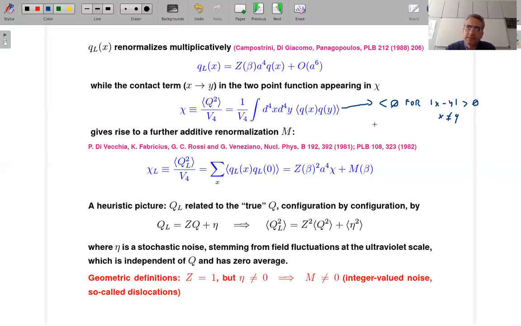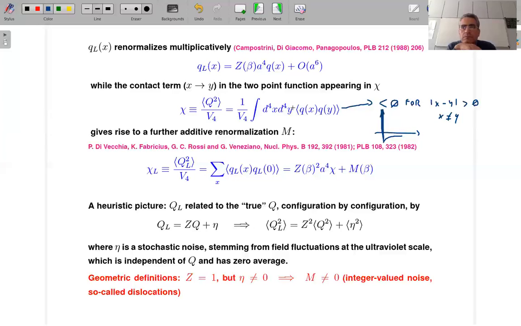And that means that since the integral has to be positive, because Q squared is a positive definite quantity, if you make a plot of this two-point function, it is negative, and then it has a delta-like singularity in the origin, okay? So it is singular in the origin, it has a contact term which guarantees that the topological susceptibility is a positive quantity.